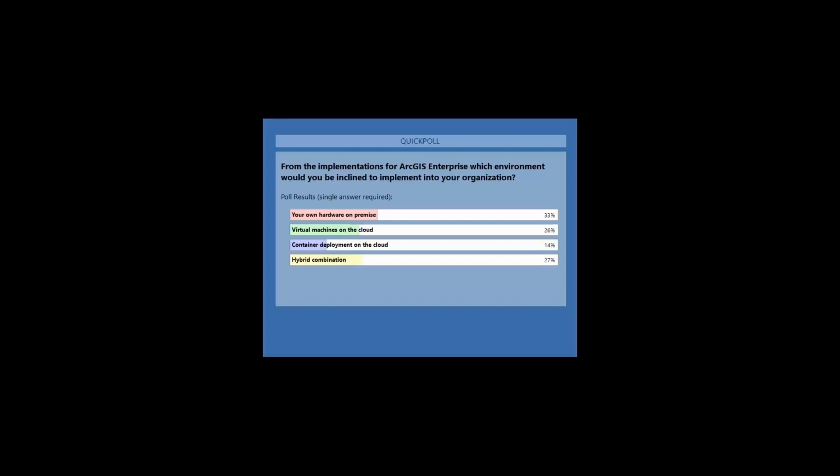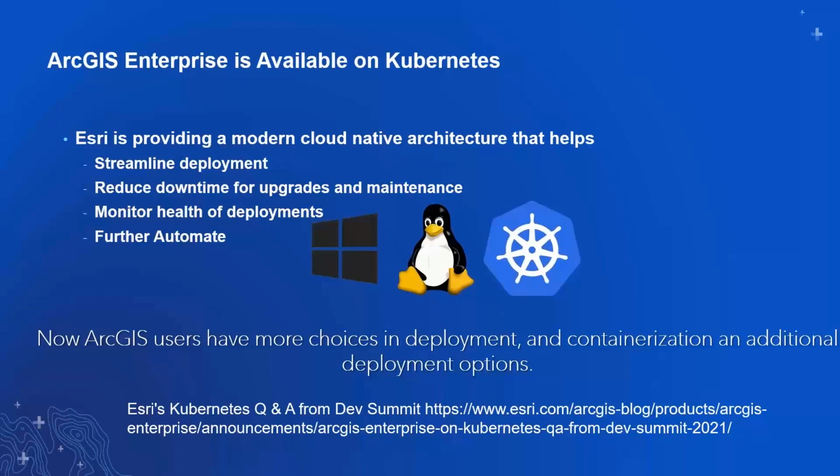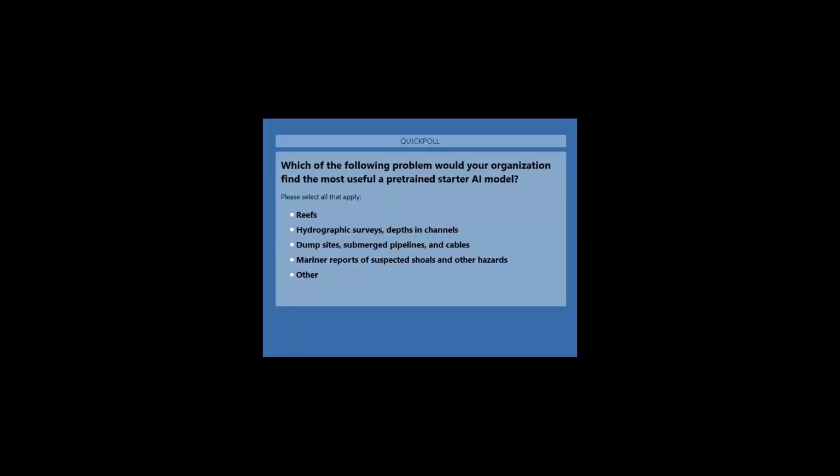Great. Thank you. Let's go ahead and run the next poll, and this is going to feed into Madhu's presentation. So we mentioned a little bit about AI, pre-trained AIs for the audience. So last year we did the shipwreck finder.